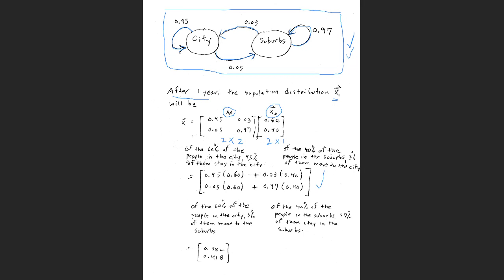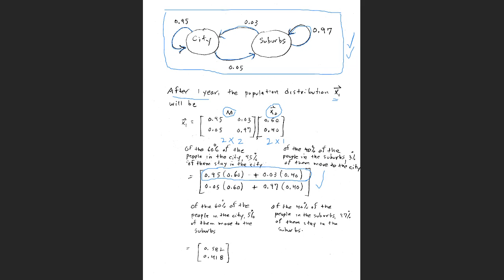Using the row column method for matrix multiplication, I've written out the process. Along the first row, you're going to have 0.95 times 0.60 plus 0.03 times 0.40.